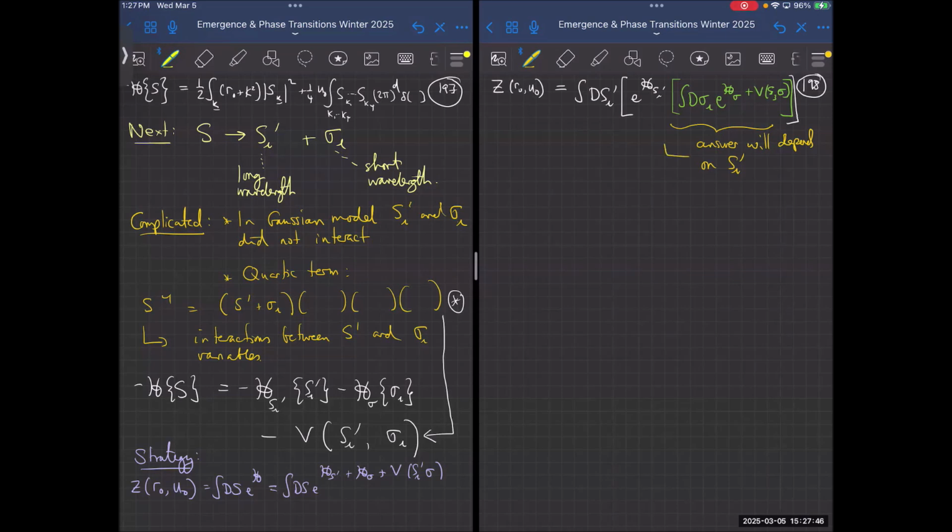That result is going to add to this Hamiltonian here, just for the purely long wavelength degrees of freedom. So integrating out the short wavelength degrees of freedom will modify the Hamiltonian for the long wavelength degrees of freedom. And it won't just be in terms of a simple rescaling of the space like it was in the Gaussian model, it is actually going to be some awful mess.